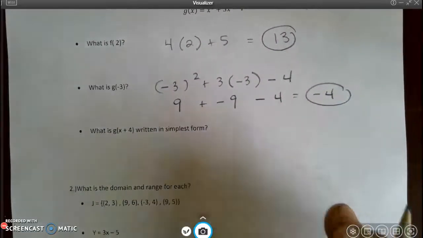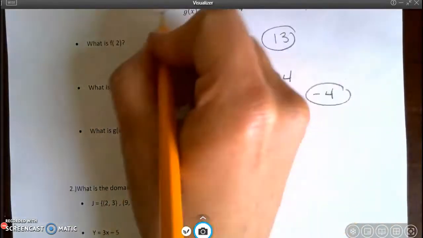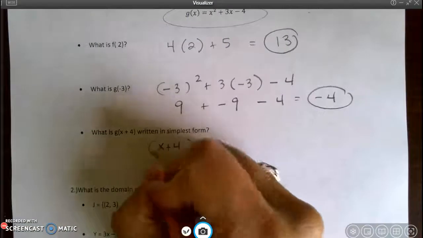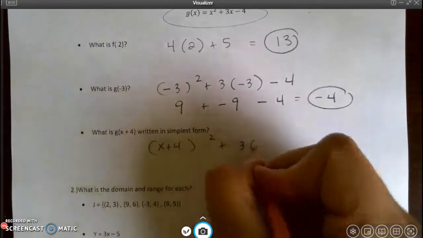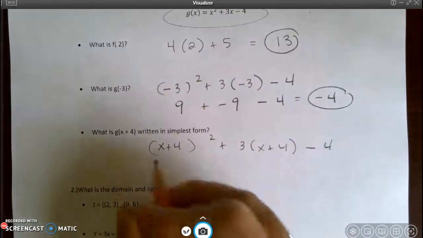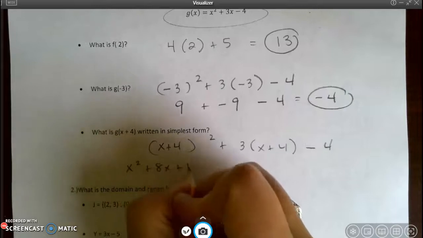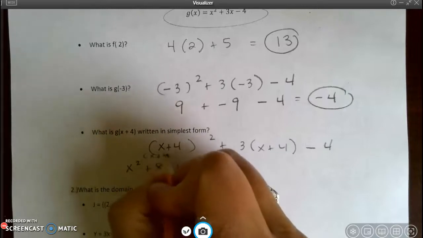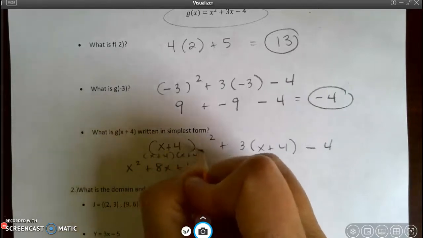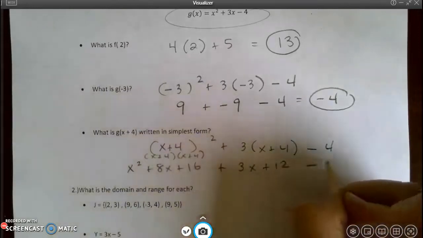g of x plus 4, I'm going to put that x plus 4 into the g function here. So x plus 4 squared, plus 3 times x plus 4, minus 4. So I get x squared plus 8x plus 16, because this is x plus 4 times x plus 4, plus 3x plus 12, and minus 4.